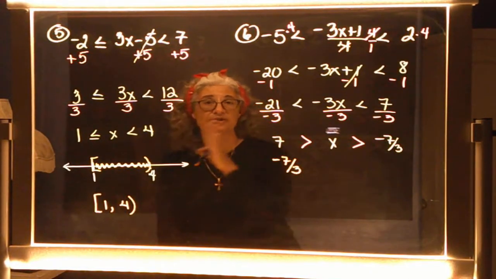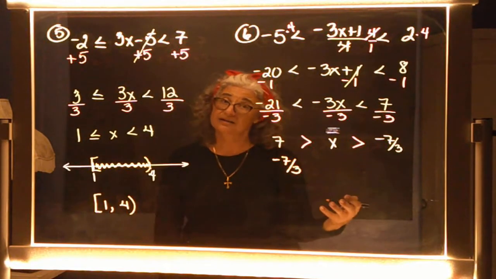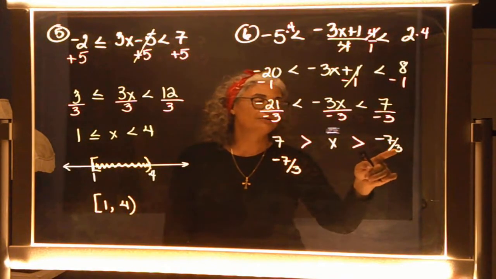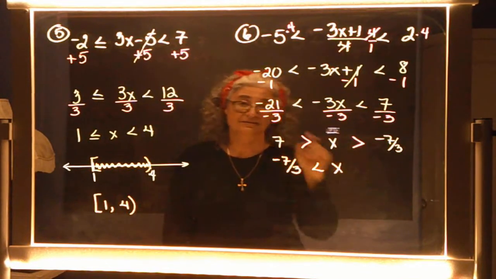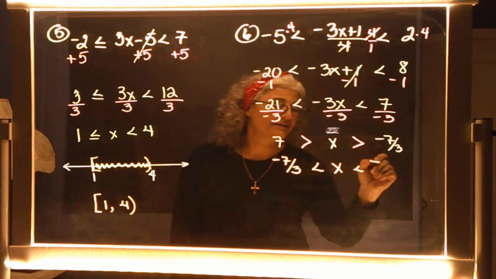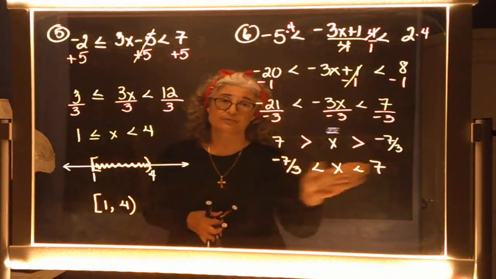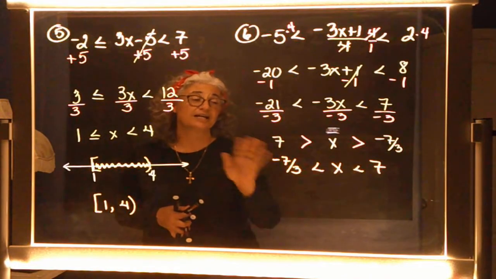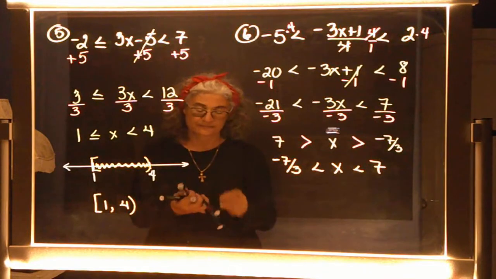And on the number line, you write the smaller numbers on the left and the larger numbers on the right. Got it? Okay. So I know negative 7/3 is less than x. Correct? And x is also less than that 7, isn't it? Now this makes more sense in terms of how it's written. This looks proper to our brains especially.